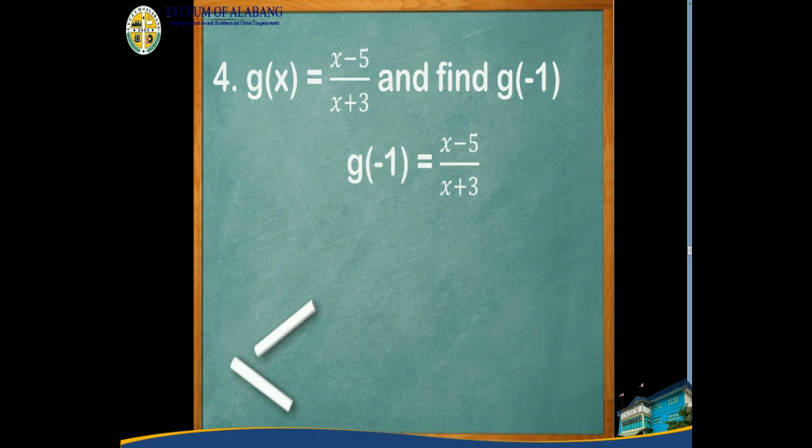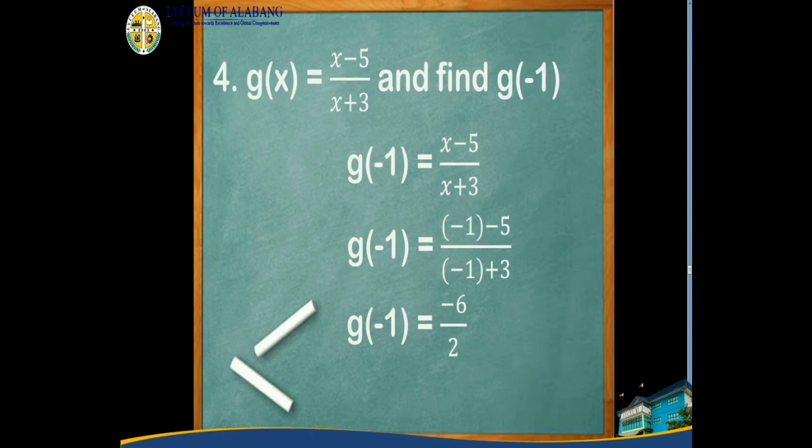Just replace the variable x with negative 1, so we have g of negative 1 is equal to negative 1 minus 5 over negative 1 plus 3. Then, simplify, and we have g of negative 1 is equal to negative 6 over 2. Therefore, g of negative 1 is equal to negative 3.